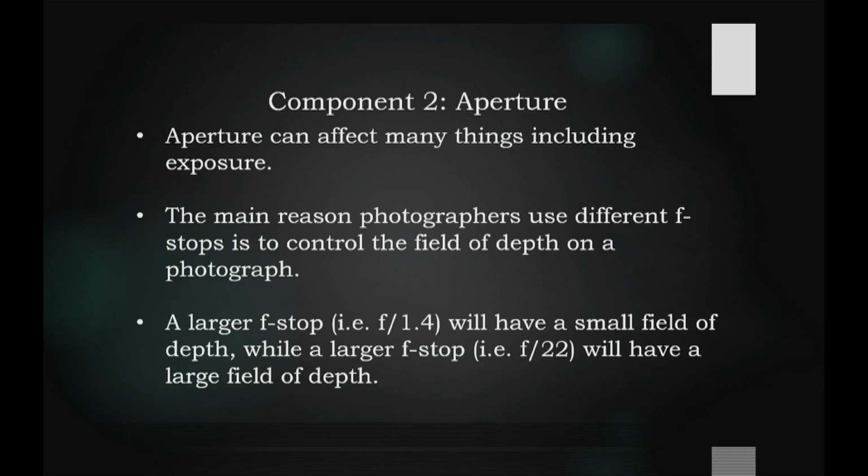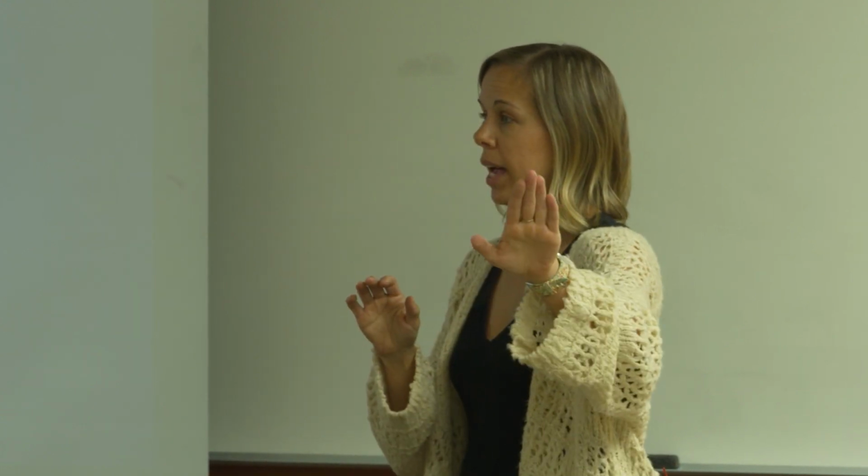Okay, so not only does this affect the amount of light, which affects our exposure, but the main reason we care about aperture is it also affects the depth of field on a photograph. So how much of your subject and the area behind it is in focus.